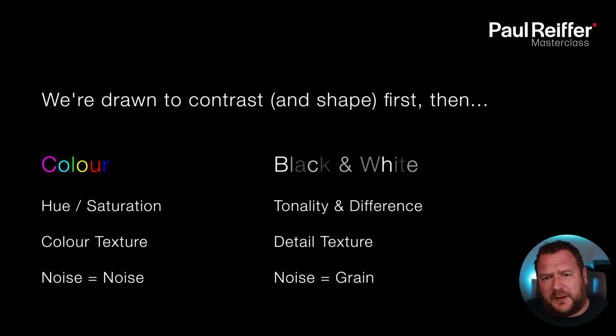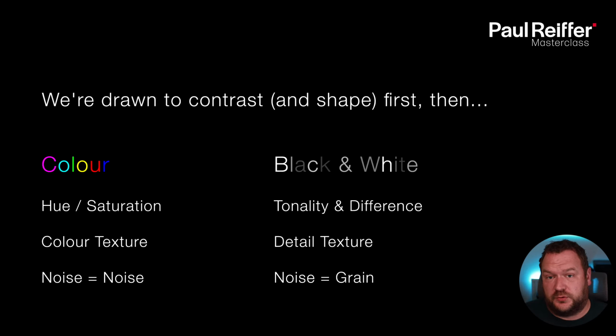So what happens when we go to black and white? Well, when we produce a black and white image, we still see contrast and shape and all that sort of stuff first. Of course, that's the bit that grabs our attention. But because there is no hue and saturation to follow, what we're then drawn to is the difference in tones. So it's this old thing about, I know it's seen as a bit of a cop-out by some people, which is, remove distractions and you focus on the key elements of it.